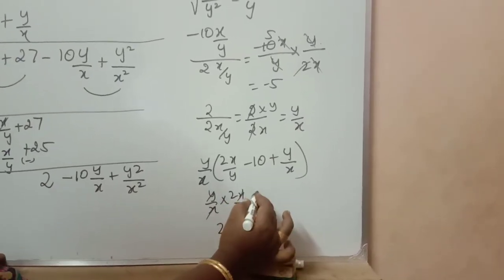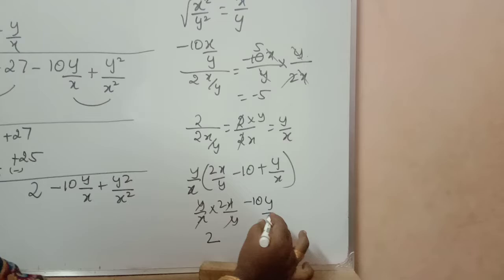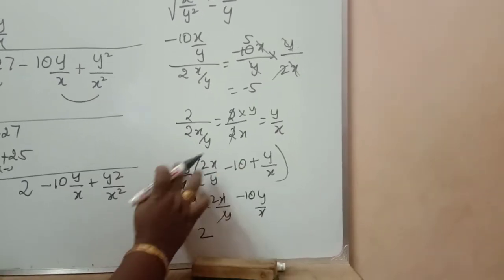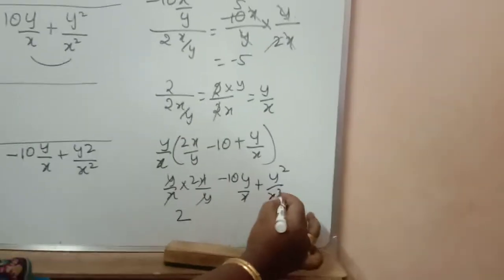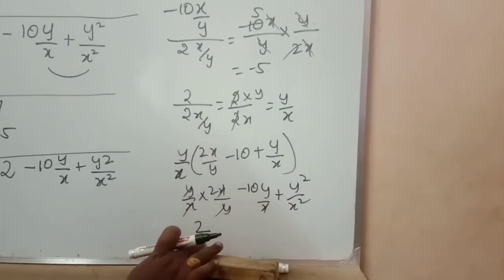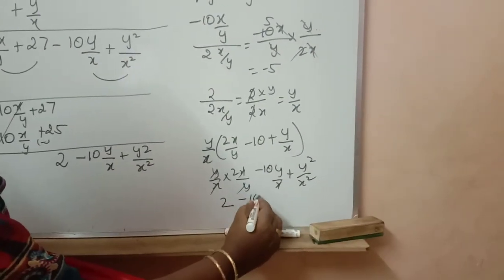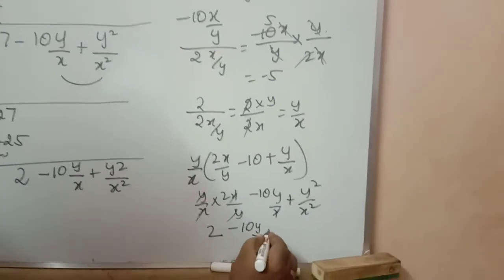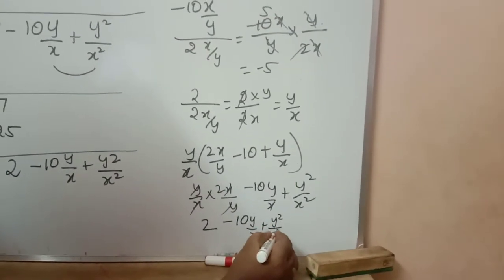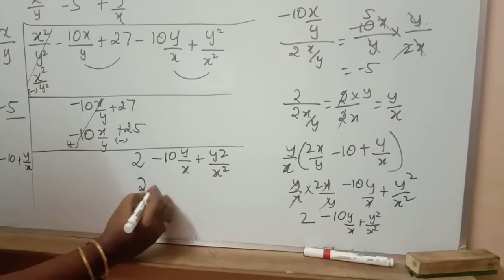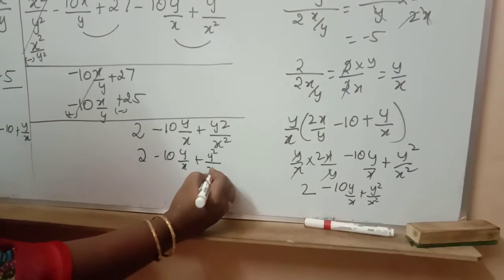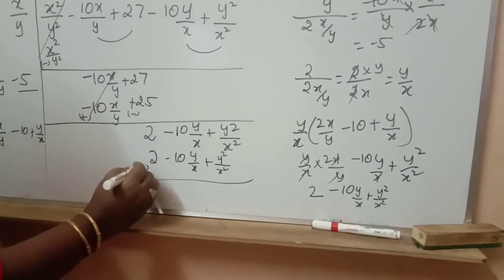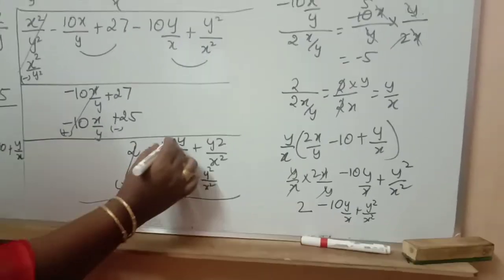So 2 minus 10 y by x. Next y square by x square plus y square by x square. So what you get? You get 2 minus 10 y by x plus y square by x square. That we have right here. Change the sign, so it will be cancelled.